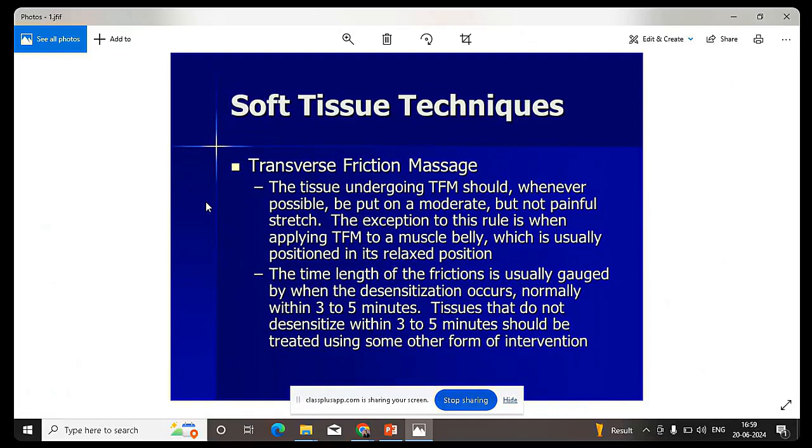The length or the average time that should be spent at the particular part, for example, you are doing the TFM for the hamstring, should not be more than 5 minutes. 3 to 5 minutes is the advisable time period. And if it is not going to get released in 3 to 5 minutes, you should try something else.